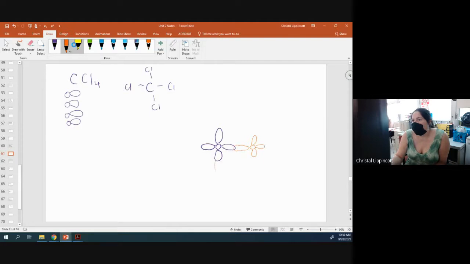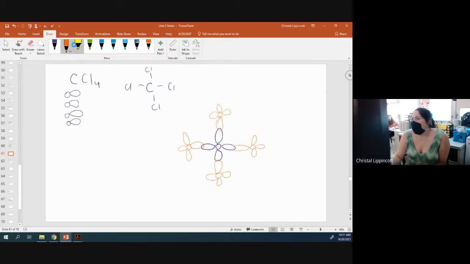And then we just repeat that. Lone pair, lone pair, lone pair. Not a great drawing on that last one, sorry. Lone pair. I'm going to have overlap here. Lone pair, lone pair, lone pair. And then an overlap here. Lone pair, and lone pair. Okay, so this is my carbon tetrachloride.